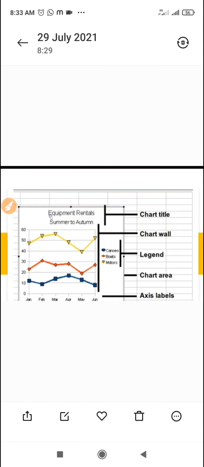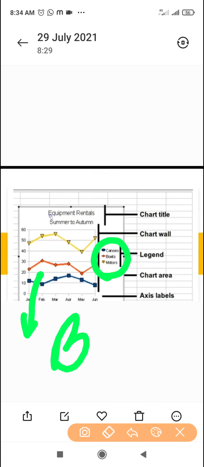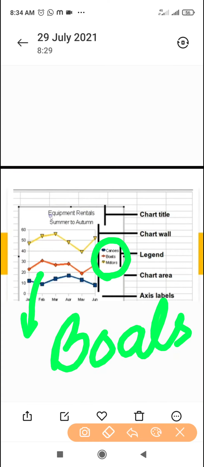Next is legends. What do we mean by legends? The legend gives you the color, and after the color it gives you the category name. So the red color line tells you about the boats. How will you come to know? By watching the legends.